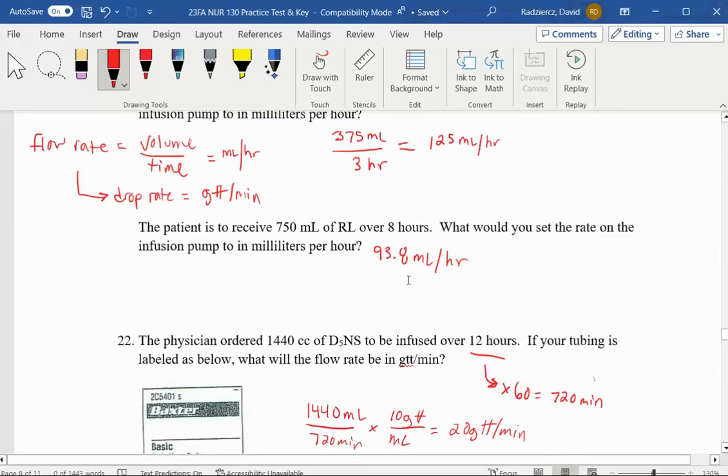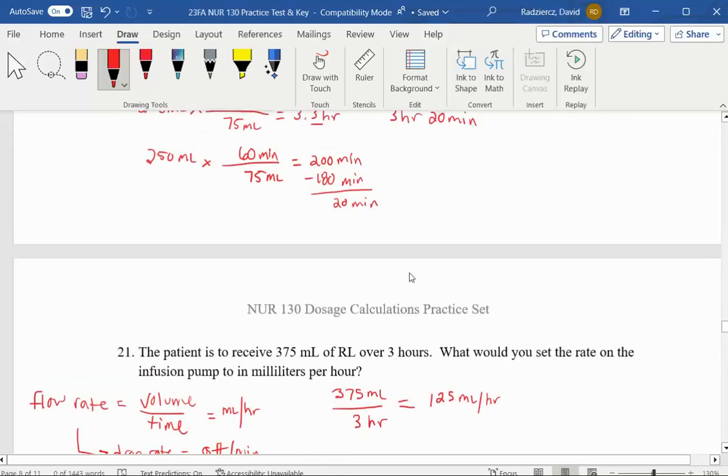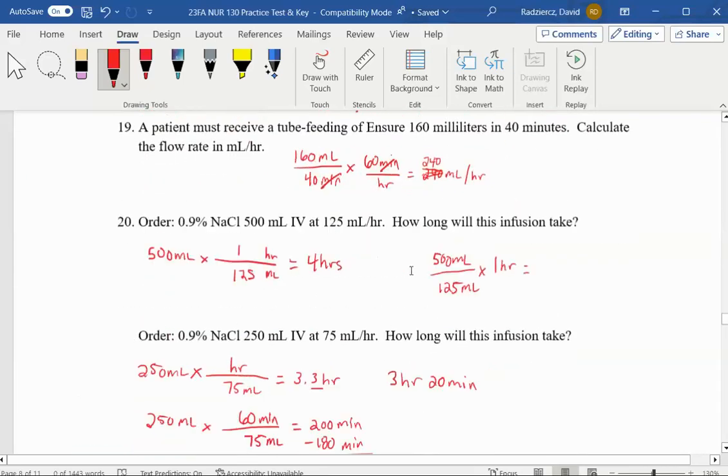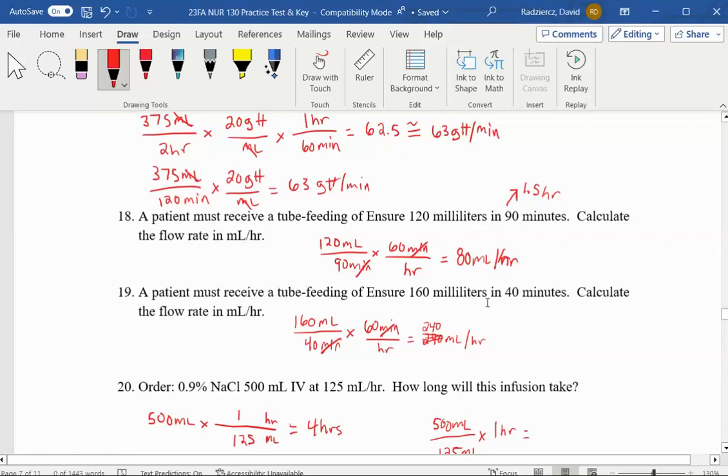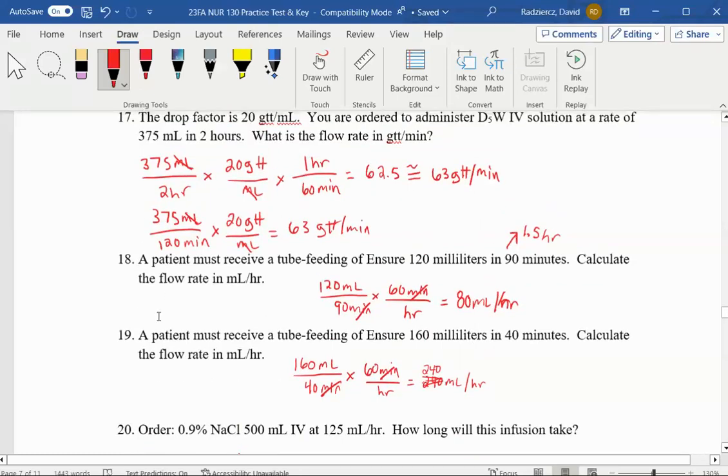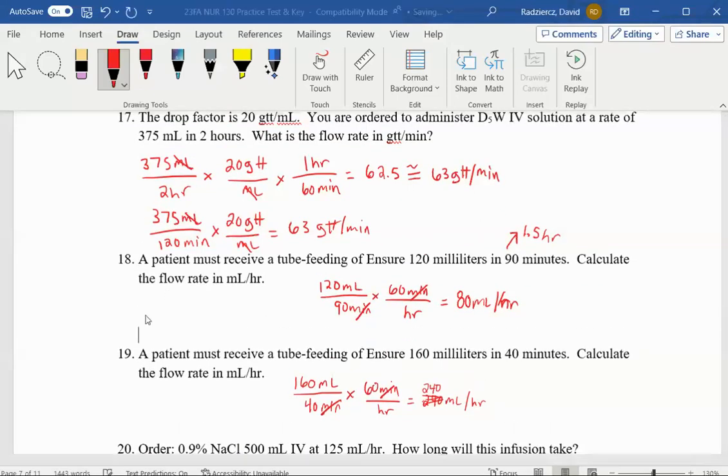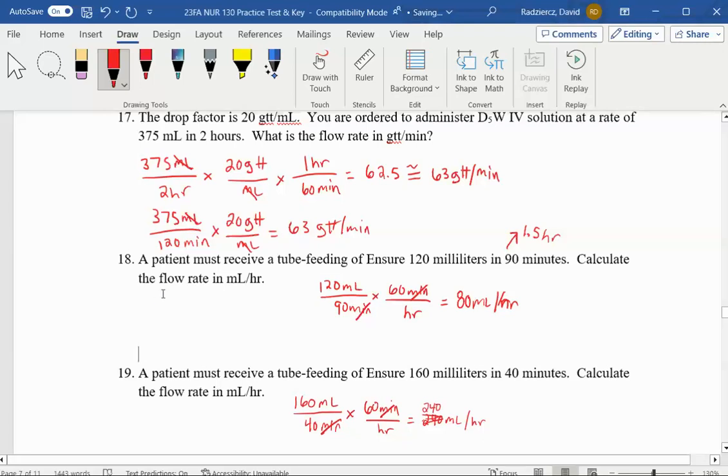All right. So let's look at a drop rate type question. Oh, actually, before we do that, let's look at an infusion type question where we're dealing with converting minutes to hours. This says your patient is to receive Ensure 120 milliliters in 90 minutes.